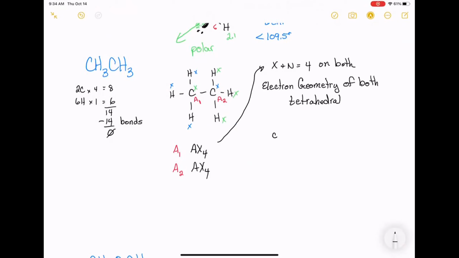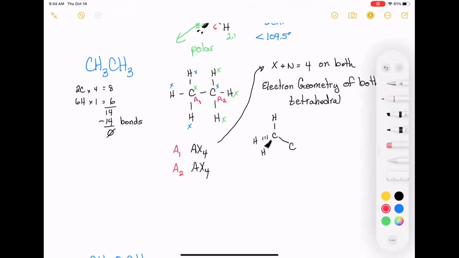So you have your carbon, and you're going to have to draw it to the 4 bonds. That is A1. Just to help us keep up.